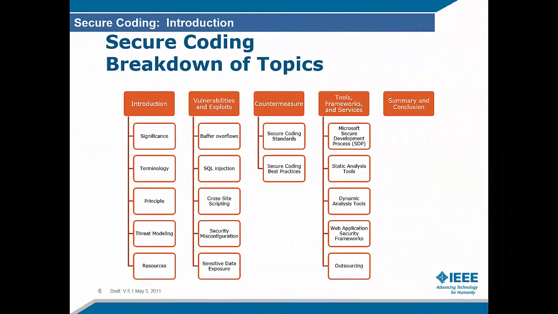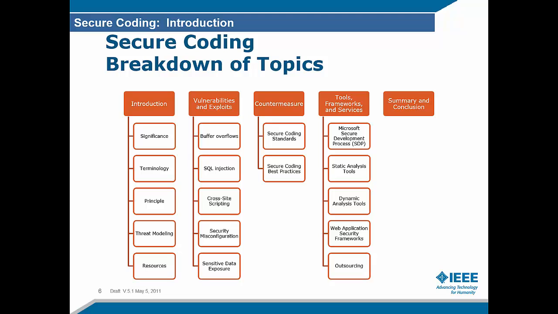Here is a rough breakdown of this course. The course consists of these 5 sections: Introduction, Vulnerabilities and Exploits, Countermeasures, Tools, Frameworks and Services, and finally Summary and Conclusion.